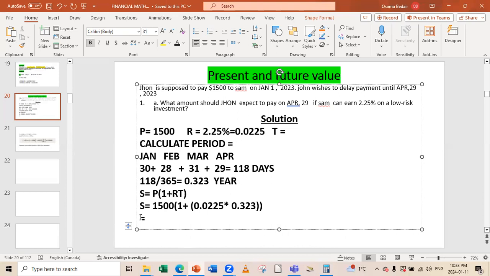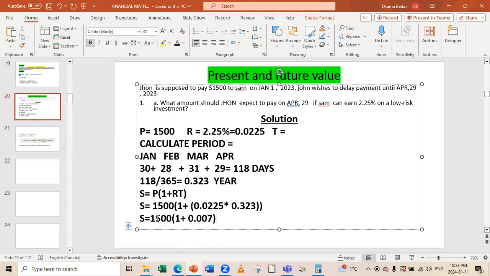S will equal 1,500, open 1 plus the output which I got, 0.007.